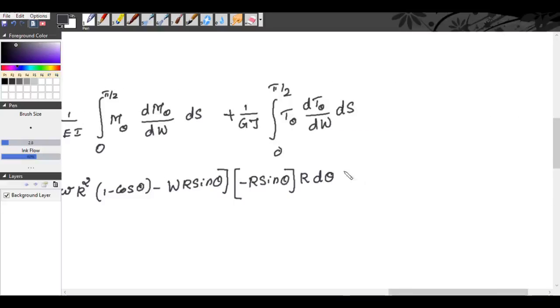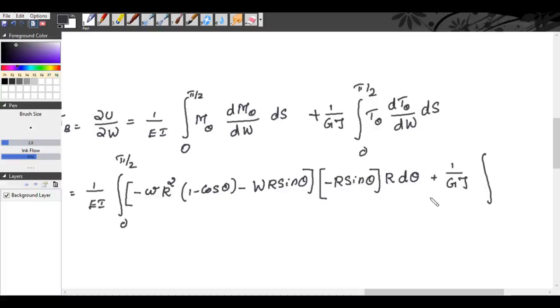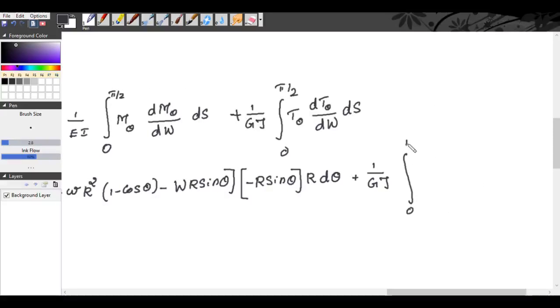Plus 1 by GJ into the integration of 0 to pi by 2 of T theta.